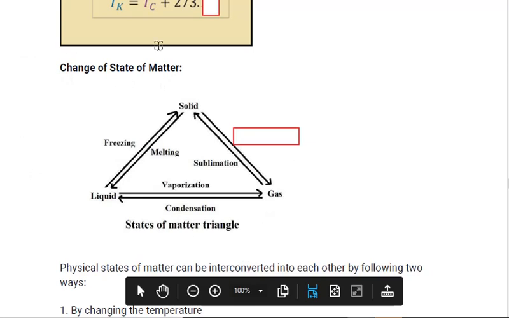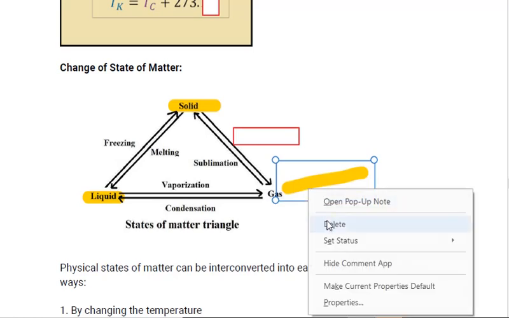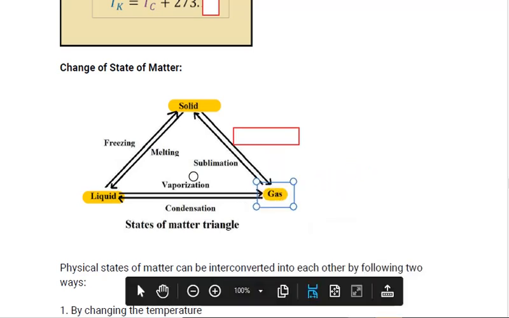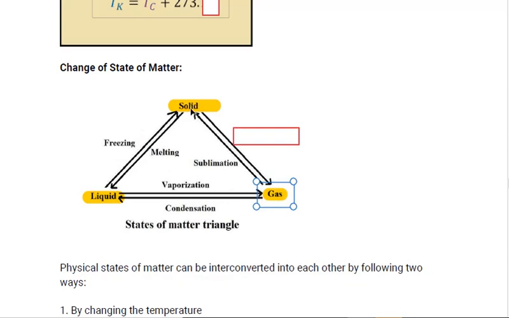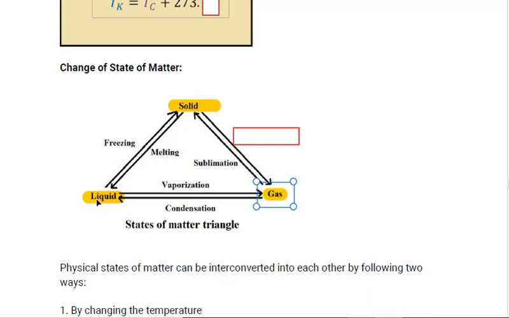See, we are getting a rough idea of the change in state of matter: solid, liquid and gas. When matter changes from solid to liquid, what will happen? Solid will be heated, meaning by heating it will melt and turn into liquid, and liquid gets vaporized.